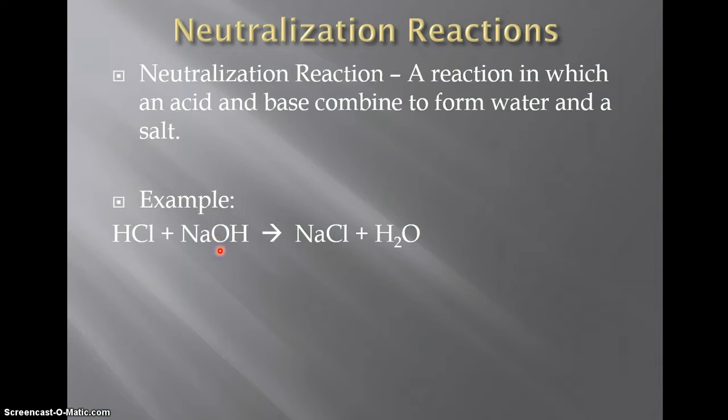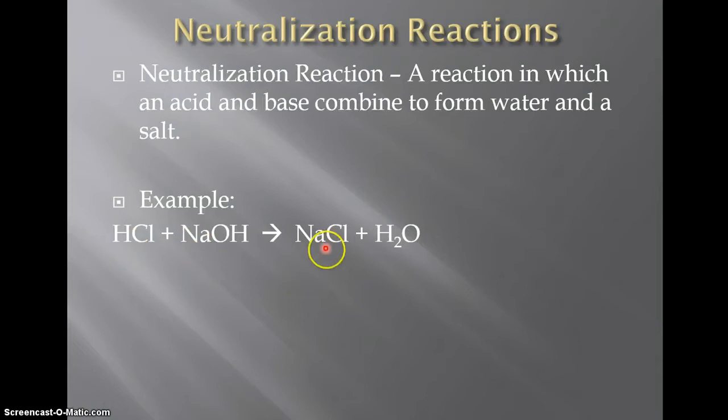And so basically what you've got going on here, no pun intended there, is this is a double replacement reaction. If you remember earlier in the year, we talked about types of reactions, one of them being a double replacement reaction. And so you're going to have sodium here swap with hydrogen, and hydrogen is going to come over here where sodium is. And so if you look at your product side, what do you end up with?